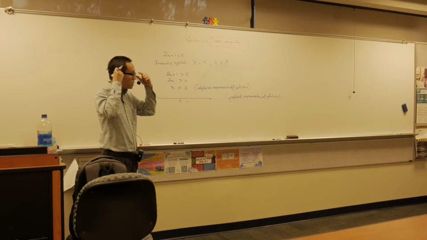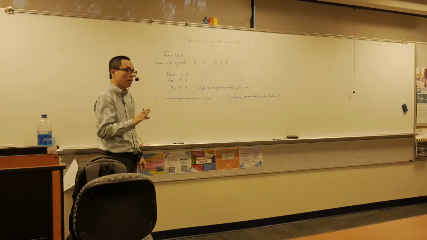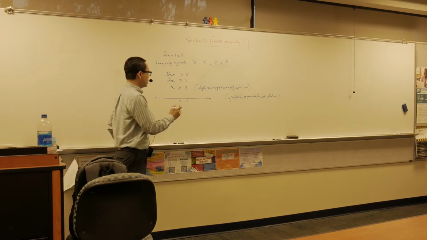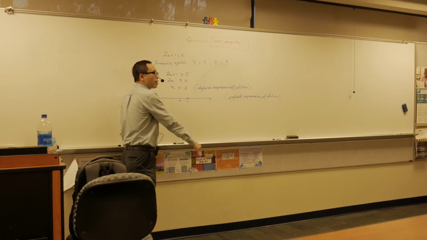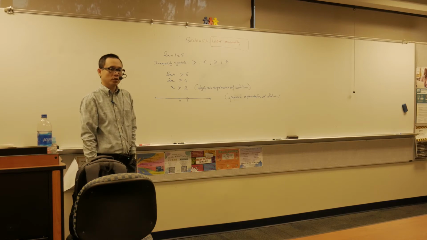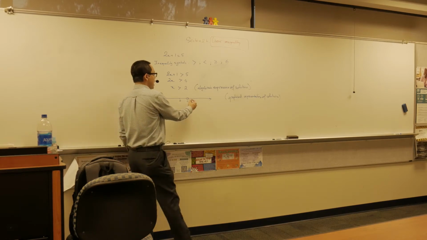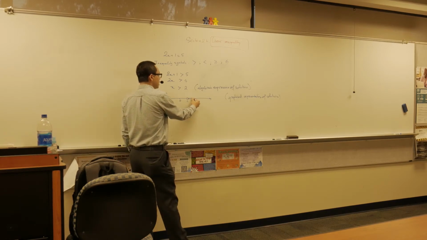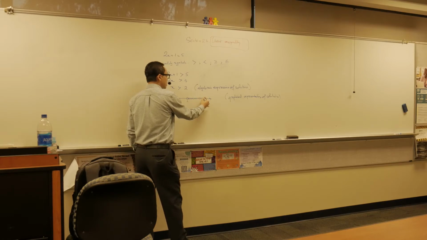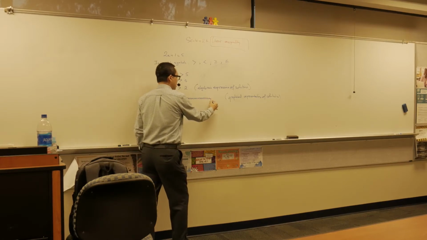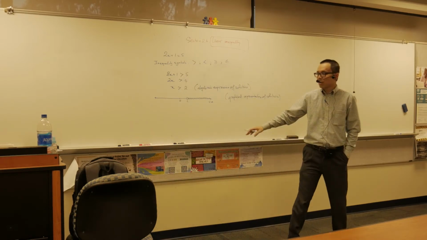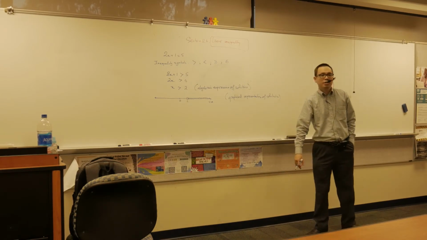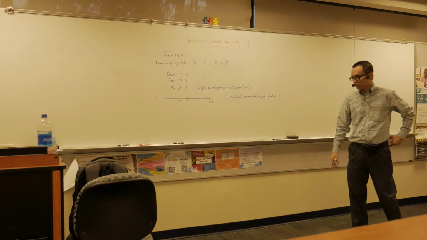Since it's greater than only, not including 2, we draw an open circle and shade everything to the right of 2. So this is called the graphical representation of the solution.